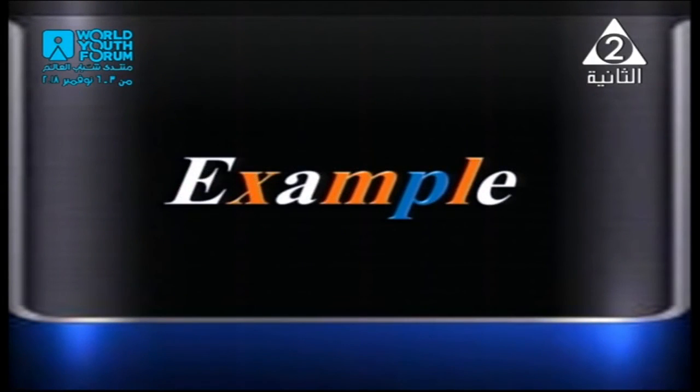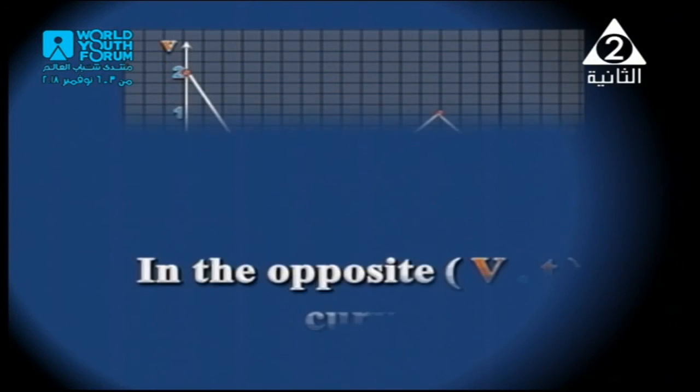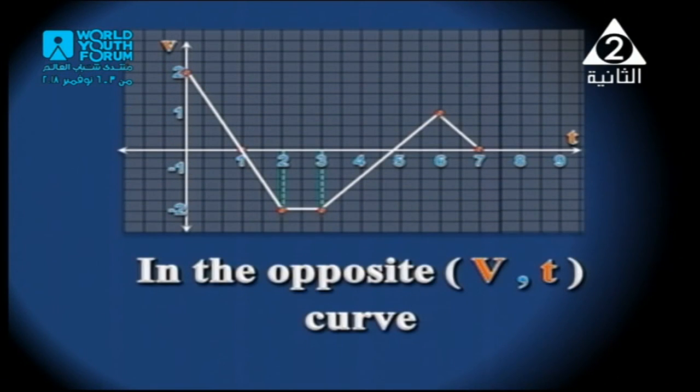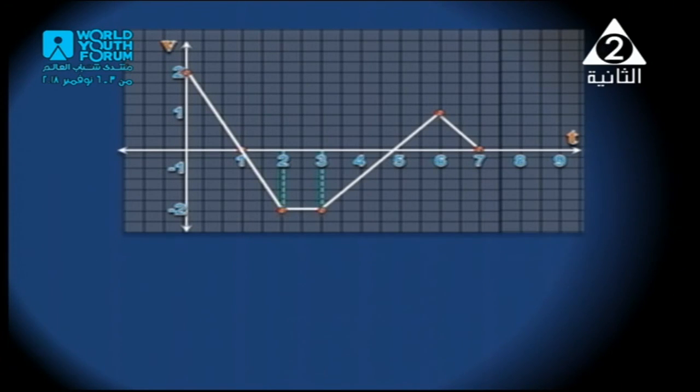Look at, my dear student, this example is very important. In the opposite figure, my dear student, the curve is a velocity-time curve. Time is horizontal, velocity is vertical. My dear student, V equals 0 when what?